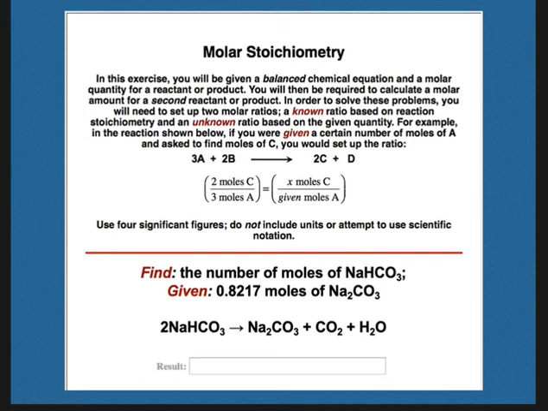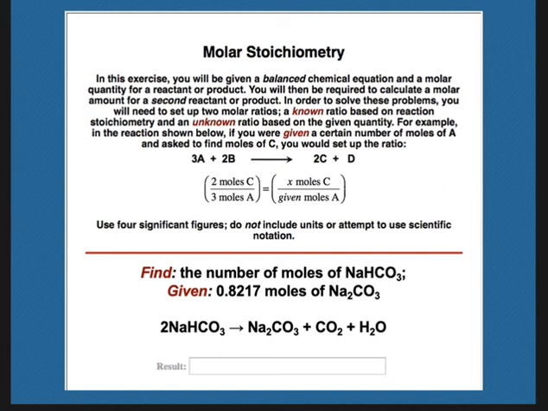We are trying to find the number of moles of sodium hydrogen carbonate, so that's X, and we are given 0.82 moles of sodium carbonate. Our equation, 2 sodium hydrogen carbonates give 1 sodium carbonate, CO2 and water. We're linking these two, so here to here.